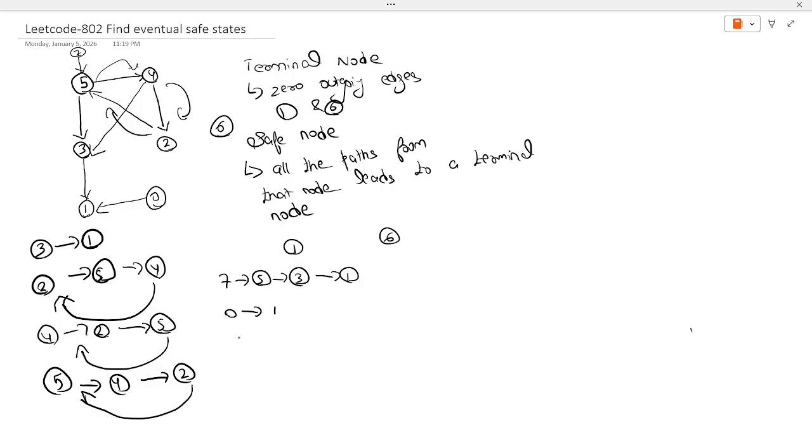And another path could be 4, 3, 1. Another path could be 2, 5, 3, 1.